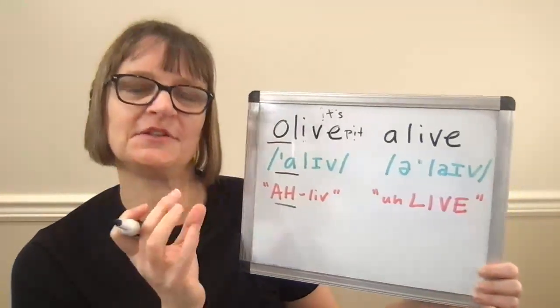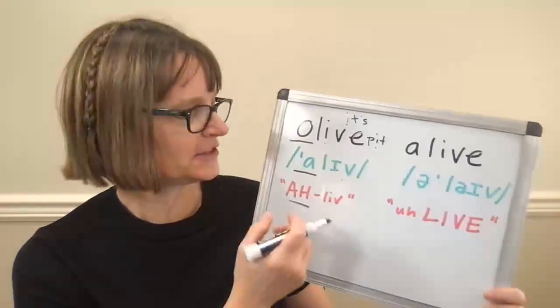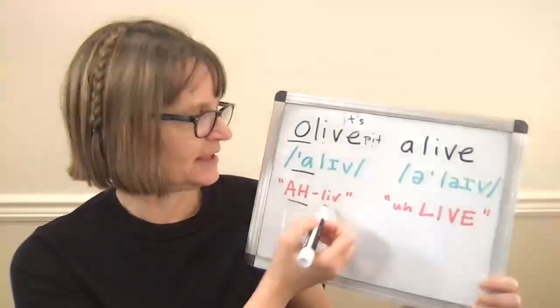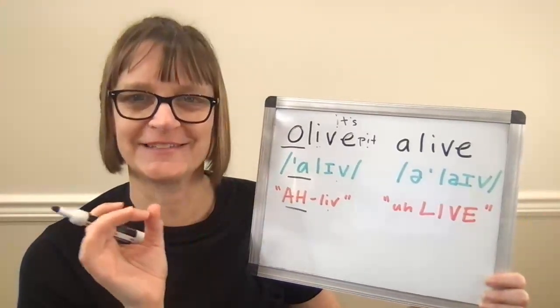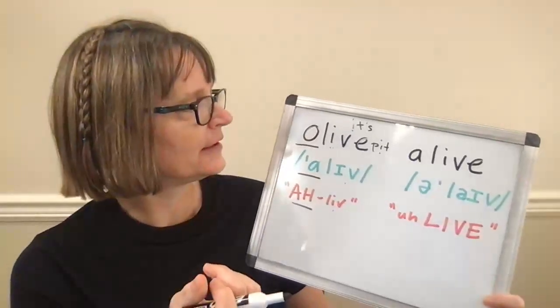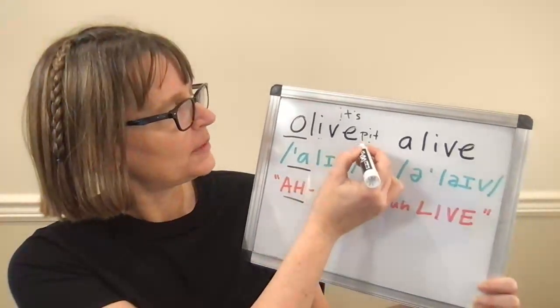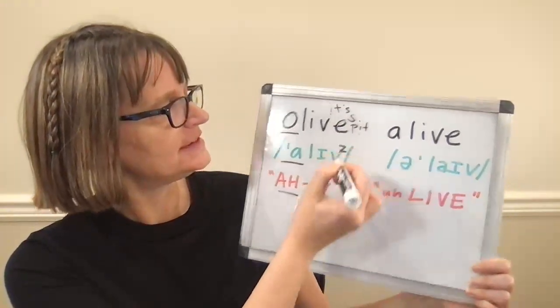Typically, this is not the challenge with the word olive, the second syllable, because it tends to be shorter and it's more natural for most people to do that lax I sound in a short, unstressed syllable, like in olive.